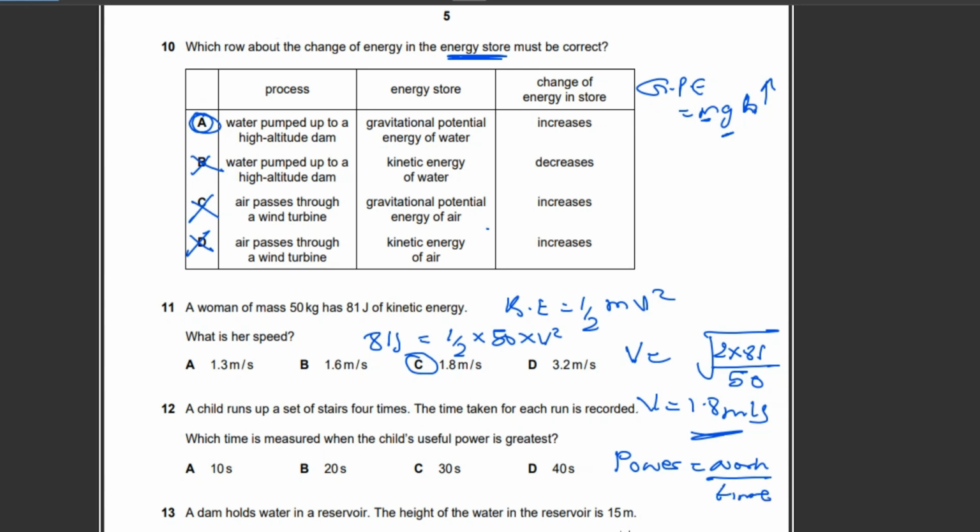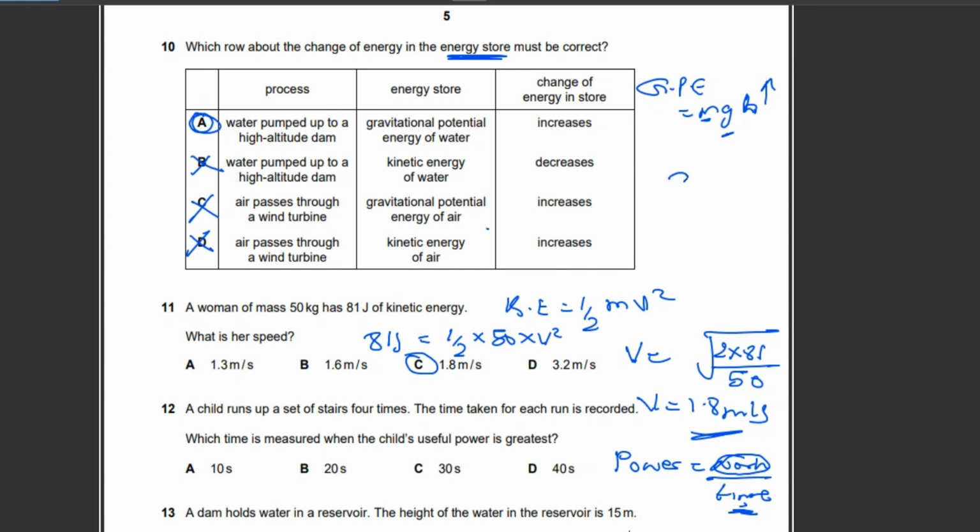So let's analyze this. A child runs up a set of stairs 4 times. So the work that has been done is constant. So then we also need to know that power is inversely proportional to time. The longer the time, the smaller the power. The smaller the time, the higher the power. So this is what I'm saying.